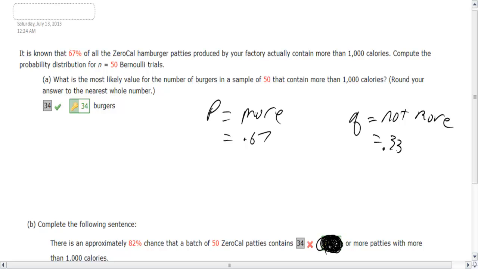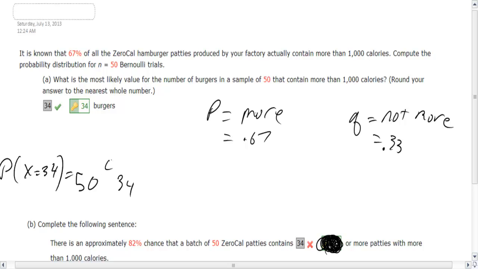So how can I calculate this? Well, if you knew you already wanted to try 34, you could say, what is the probability of it having exactly 34?